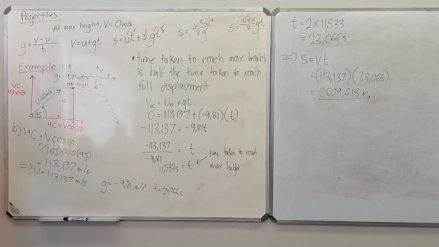Okay, but overall, guys, do you understand the method we use? We worked out the horizontal component to get the initial velocity along the x-axis. Then we needed to work out the time taken for it to reach its maximum height and double the time for maximum displacement. Using those values and your gravity, you could have worked out your displacement.